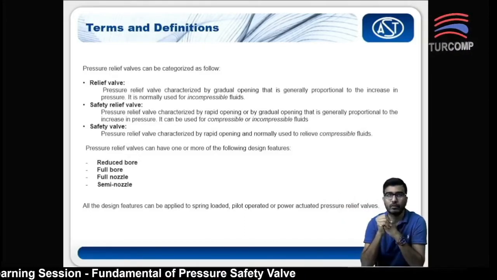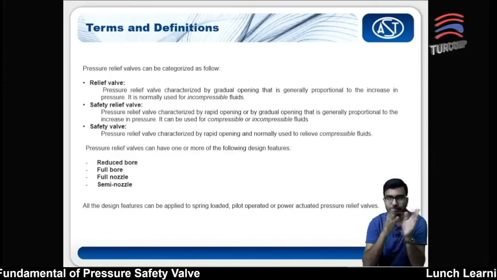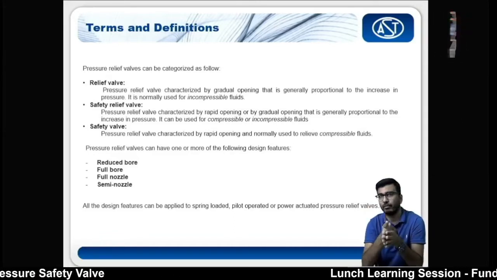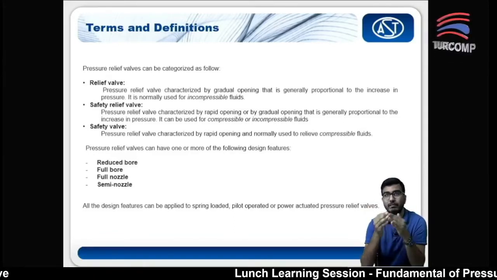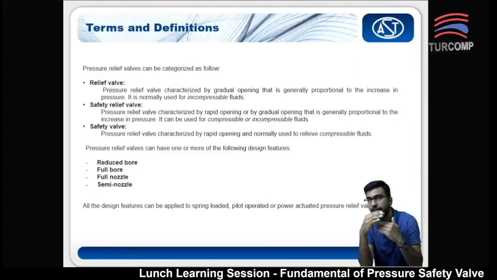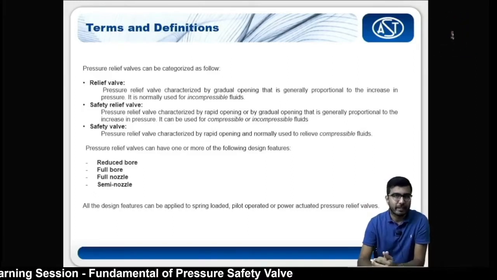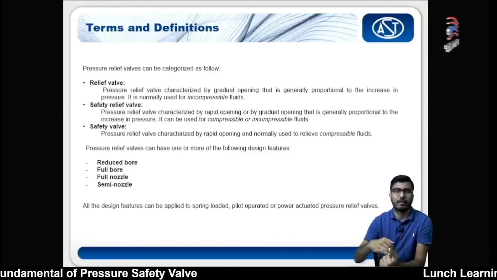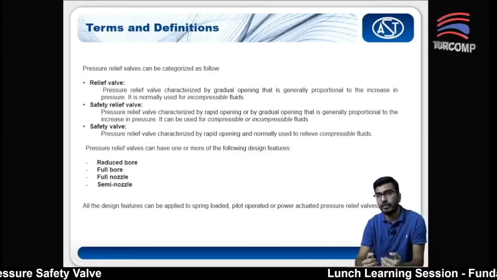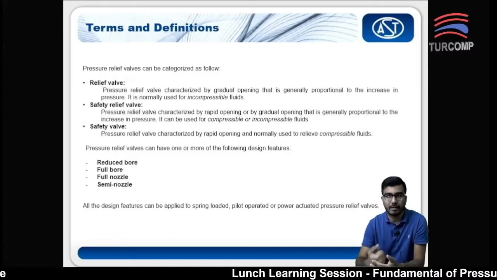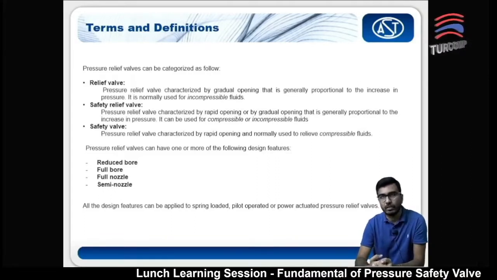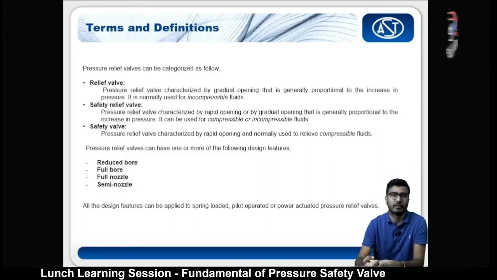Whereas a safety relief valve can be used for compressible or incompressible fluid, but here you will have a slightly higher gradual opening of the stem piston. And finally for the safety valve, you will have a rapid opening of the stem, the piston. So it is normally used for compressible fluids.